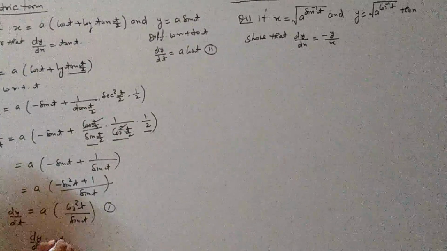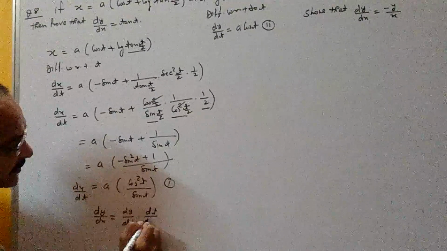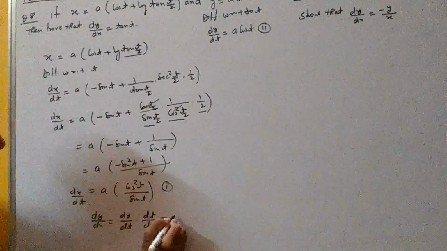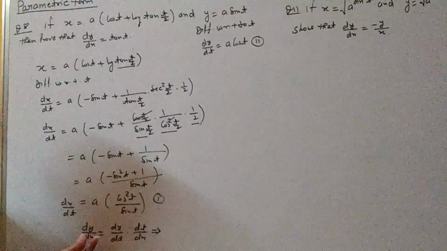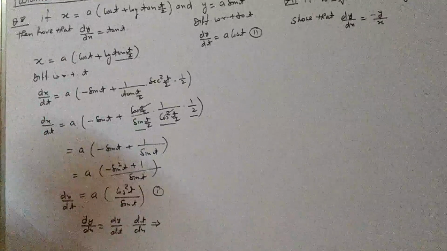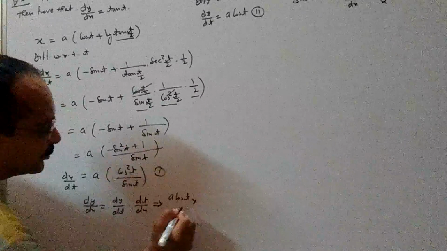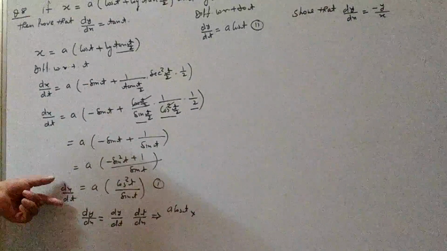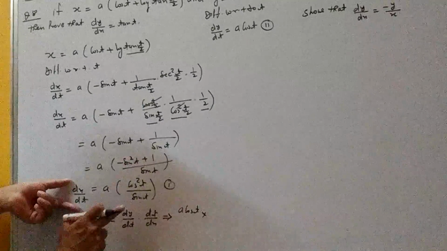Now use the chain rule: dy by dx is equal to dy by dt into dt by dx. Put the values from 1 and 2, that is a cos t into, since dx by dt is given, we put its reciprocal for dt by dx.